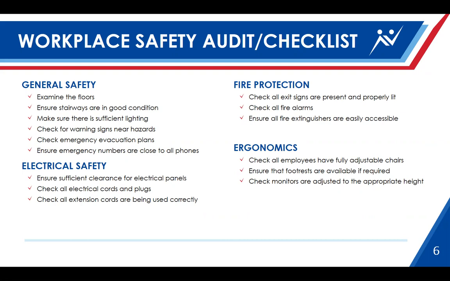And we've all seen businesses where extension cords are running across the floor and in the line of people's walking paths, and that needs to be avoided and constantly evaluated.